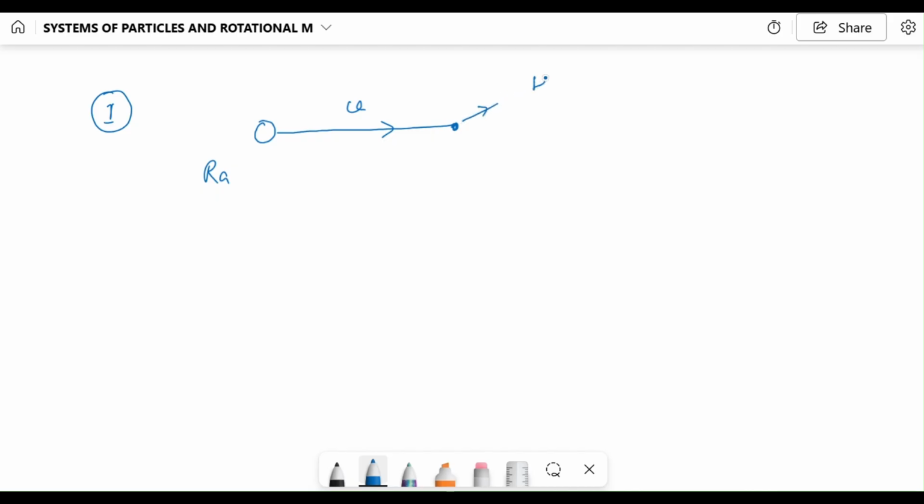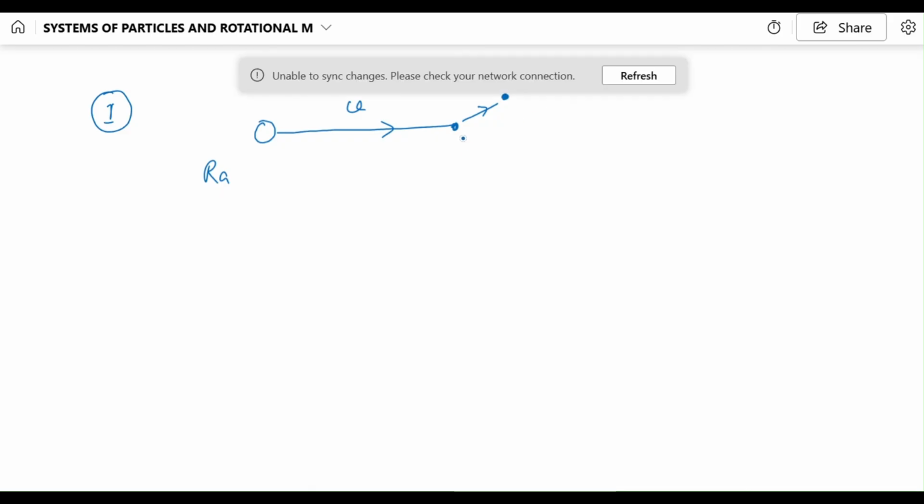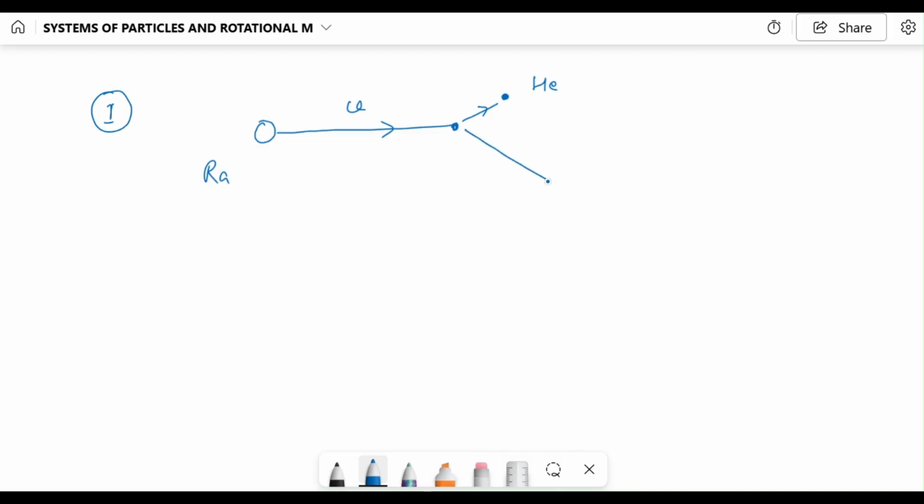One is a helium nucleus, you can say an alpha particle, and another is radon. So we have two different nuclei here after the breaking down of this radium nucleus. And what about the center of mass? The center of mass will follow the same line. It will keep moving with constant velocity.